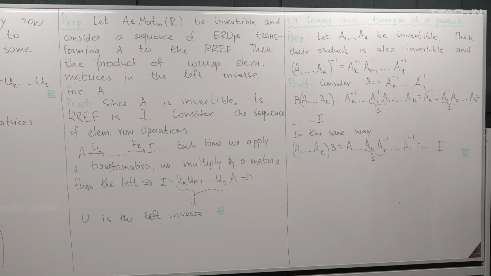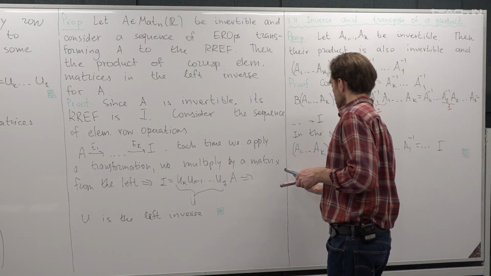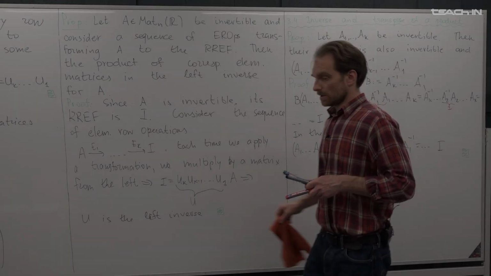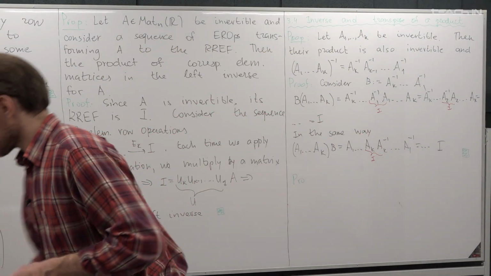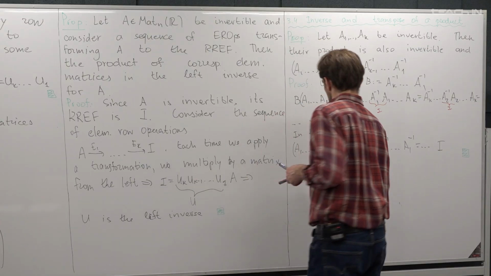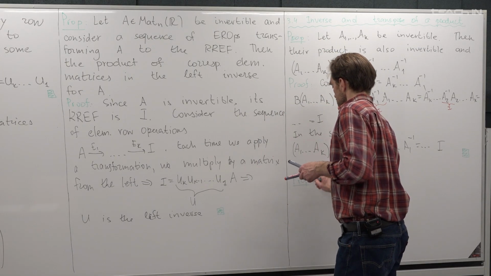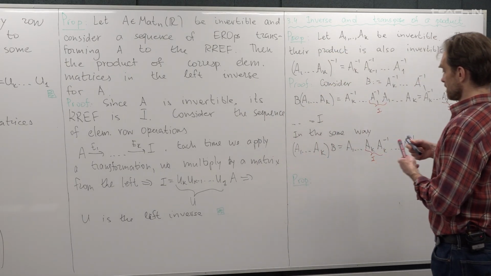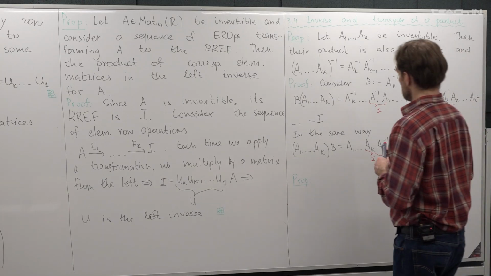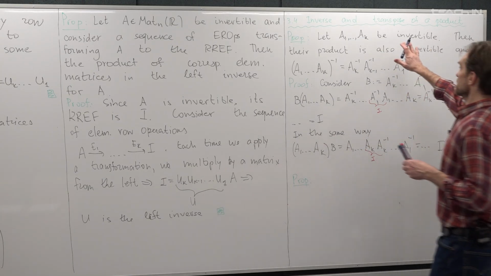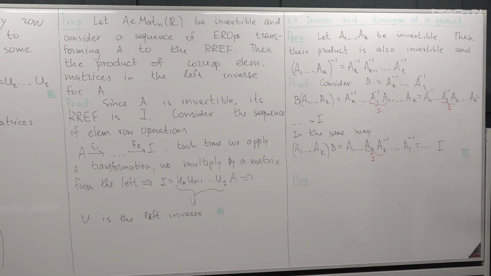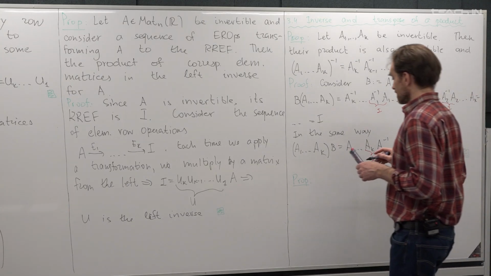Okay. So this is the first proposition, and the second proposition would be about the transpose of the product of matrices. Here we consider only square matrices, just because we're talking about invertible matrices.